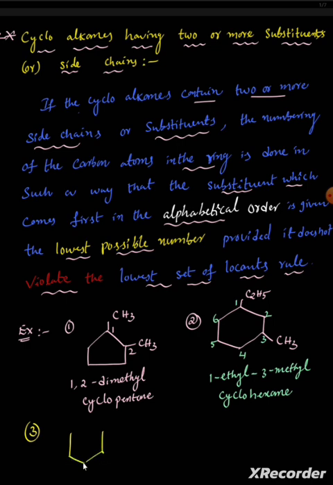See here, cyclohexane having CH3, C2H5, CH3. How is the numbering done?